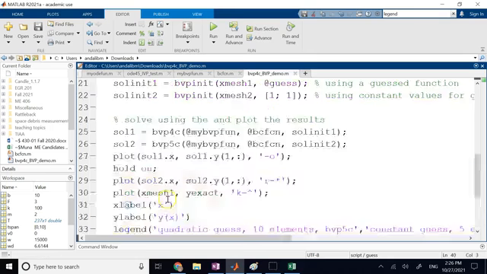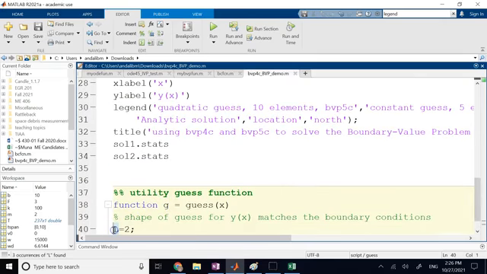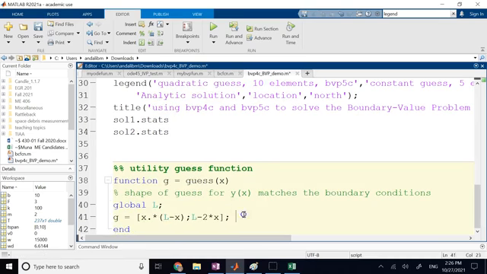And by the way, this L has to be the same global L, so here I just say global L, and I don't need to define it again. And this is the y prime. Remember, the first guess you pass to it is y, and the second guess is y prime. So this is exactly the x derivative of this function. The derivative of x times L minus x is L minus 2x.